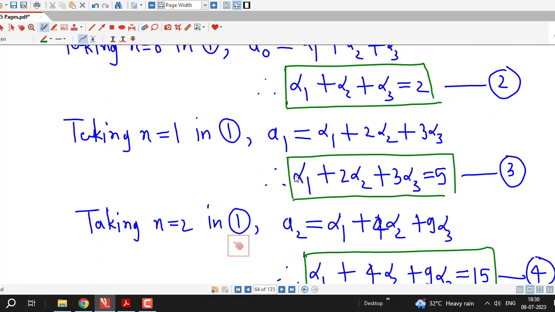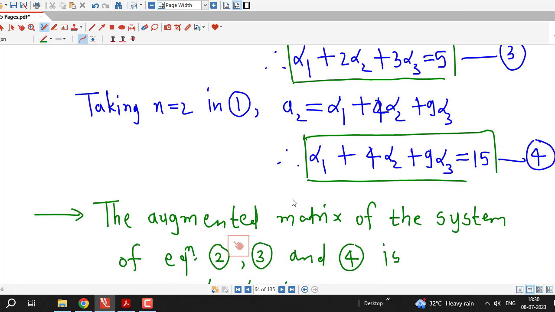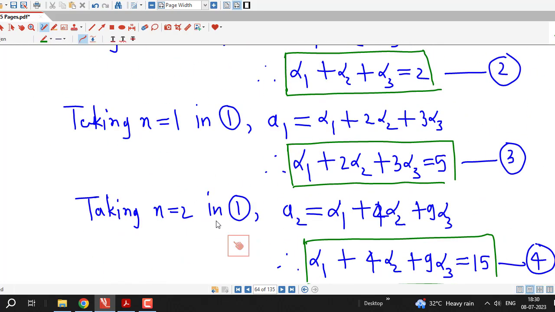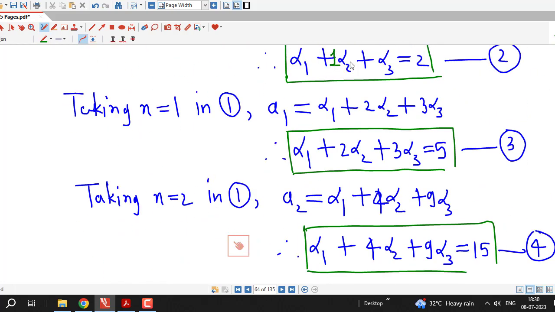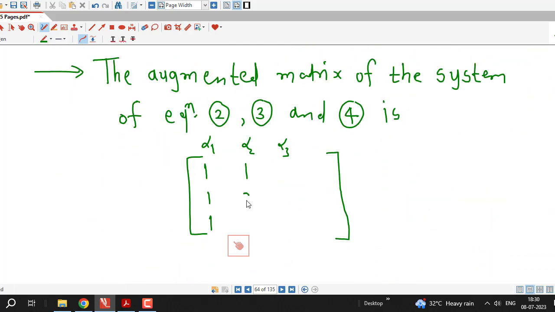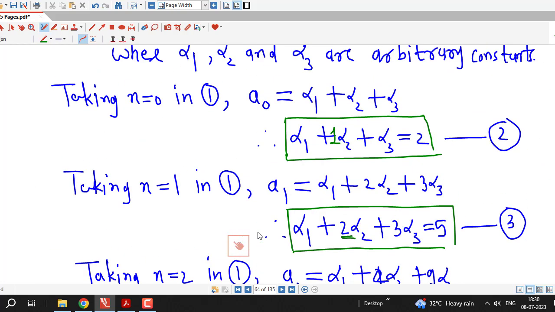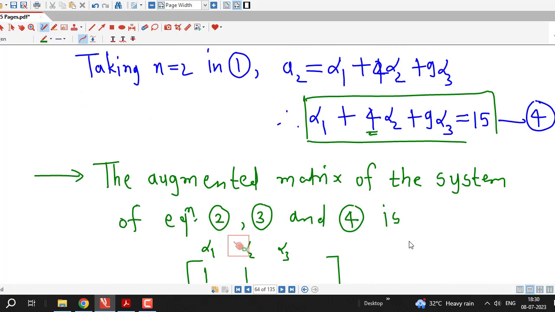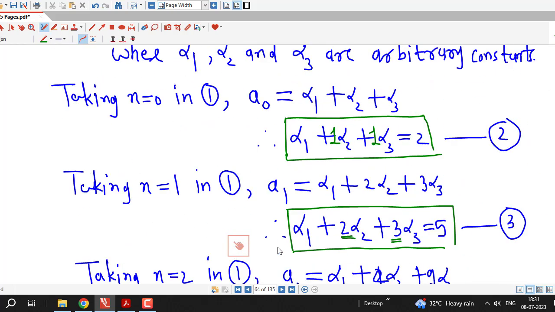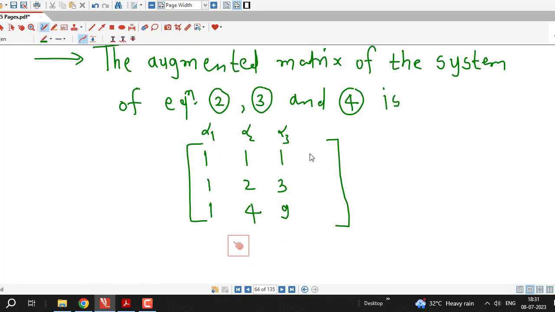So you can see in all the equations coefficient of alpha 1 is 1, therefore first column is 1, 1, 1. Coefficients of alpha 2 are 1, 2 and 4. So I am writing second column as 1, 2, 4. Coefficients of alpha 3 are 1, 3 and 9. So this is my third column 1, 3, 9, and constants on the right hand side are 2, 5 and 15.